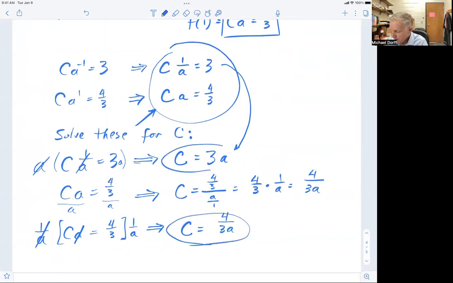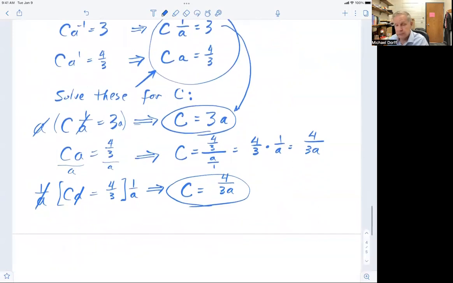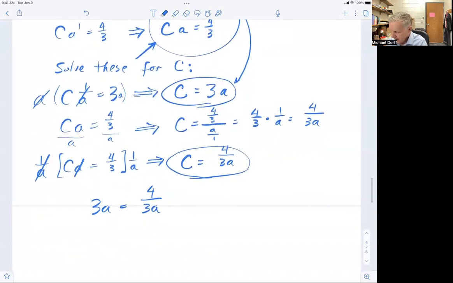So now I have two expressions for C: C equals 3A and C equals 4 over 3A. So I can set those equal to each other. So I have 3A equals 4 over 3A. Now if I cross multiply, I have a 1 in the denominator on the left side.